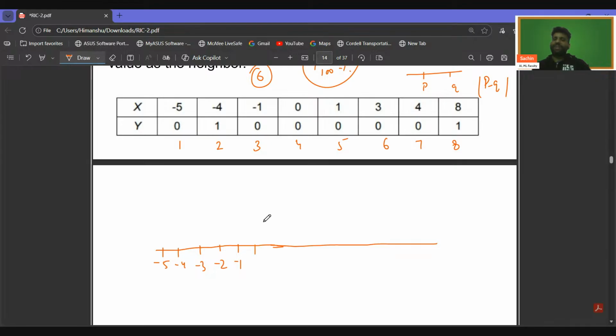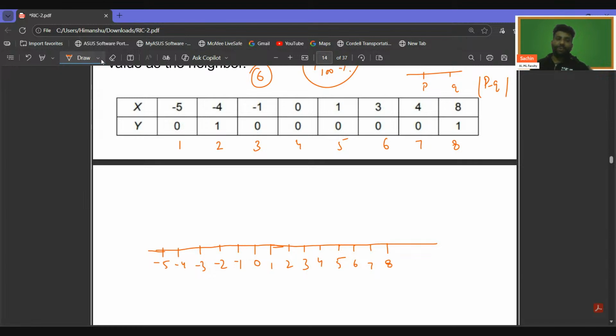It doesn't matter whether that is present or not. Just for the same spacing, I'm writing all the data points: 1, 2, 3, 4, 5, 6, 7, and 8. That's what we have, -5 to 8. So these are all the data points we are having.